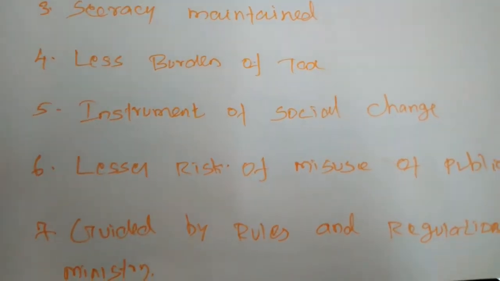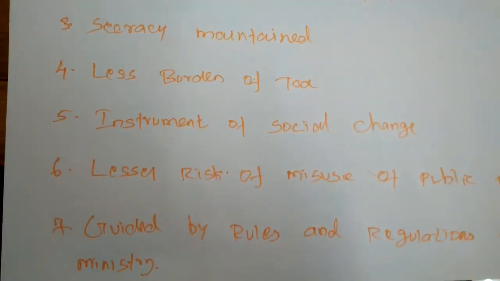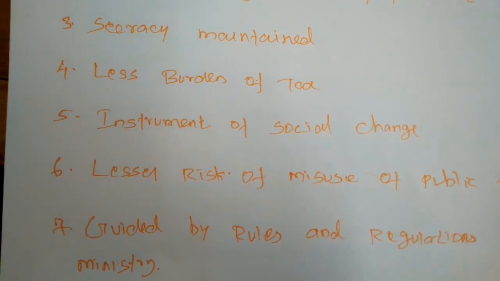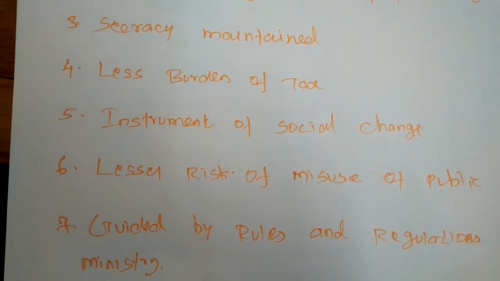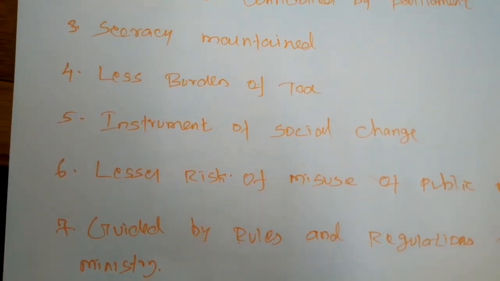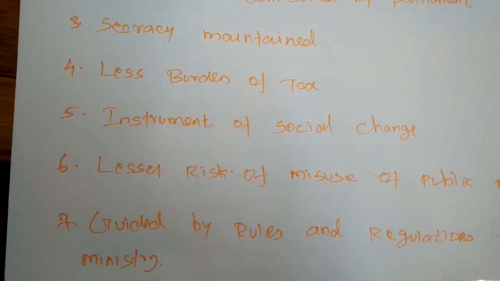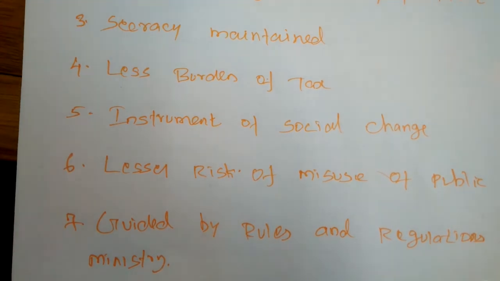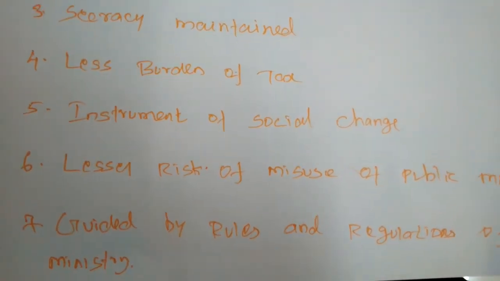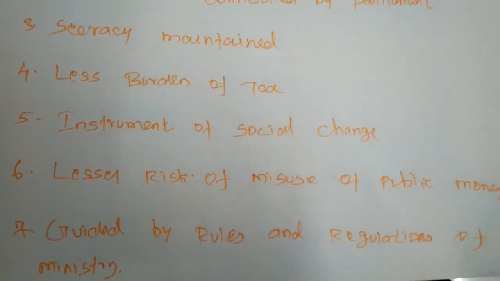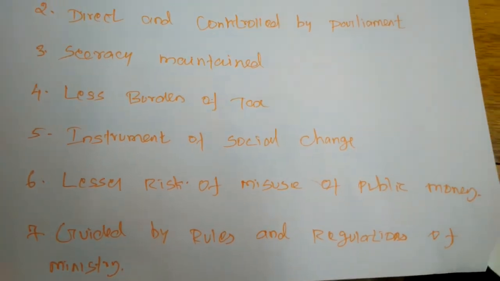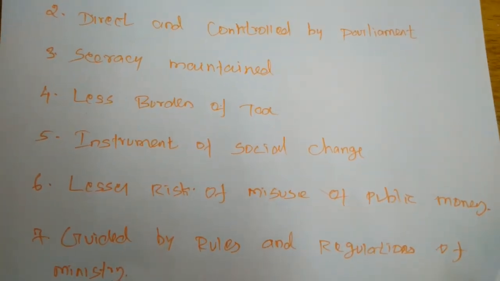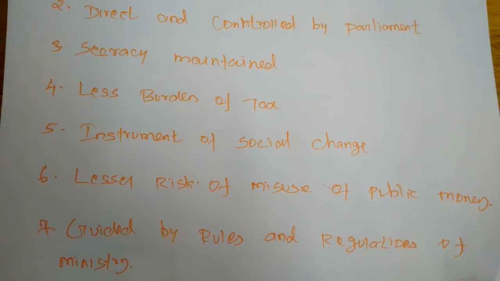For example, if some crime occurs in society, the police department will take action. When they take action, some social change will be made in our societies. Like that, wherever such problems arise, the department will take action and bring some social change.